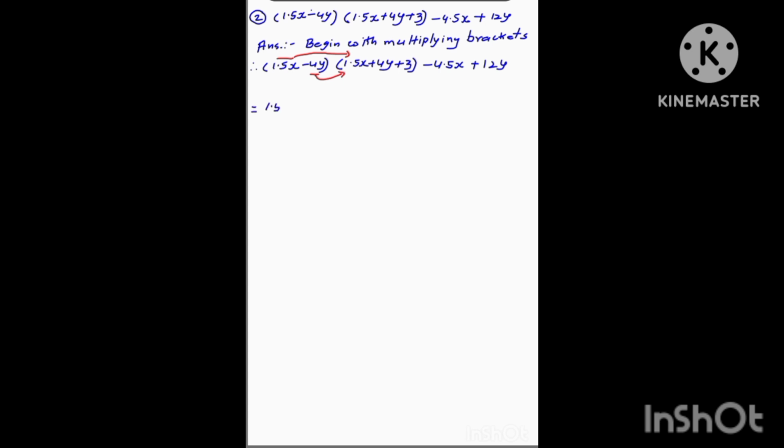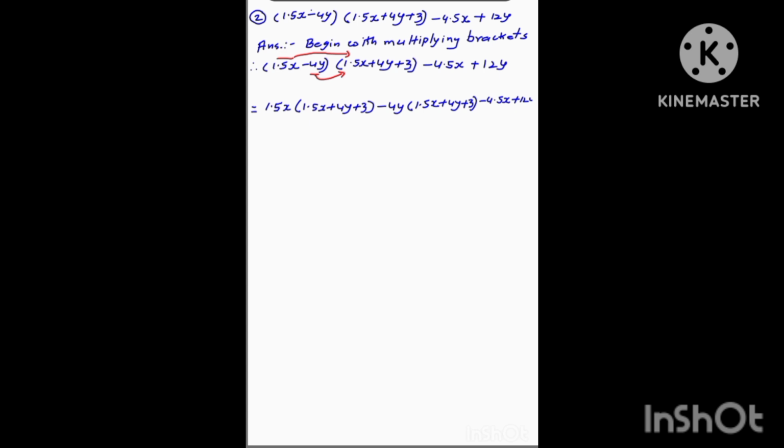You have to multiply the second bracket with each term of the first bracket. Okay. Now see this: 1.5x into 1.5x plus 4y plus 3, into bracket minus 4y into 1.5x plus 4y plus 3, and carry out both the terms minus 4.5x and plus 12y as they are.